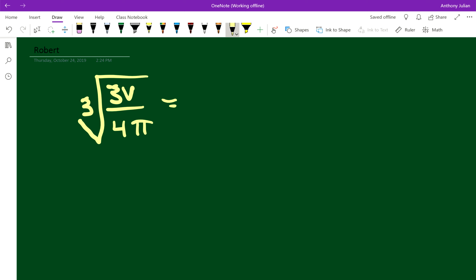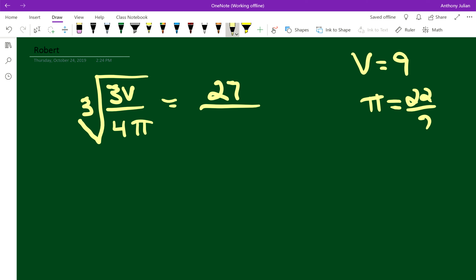We had v equal to 9, and then, of course, pi was 22 over 7. So when we fill this in, we end up getting the 27 on the top, and this denominator ended up being 88 over 7.